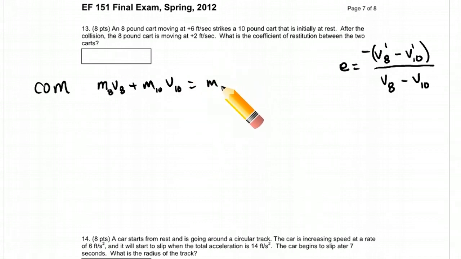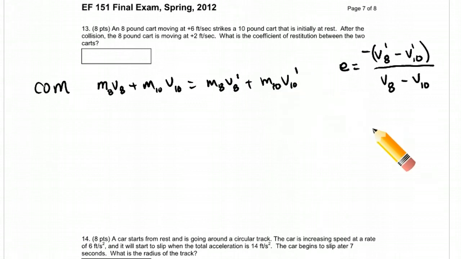That total is the same before and after. I'm using primes for the after. Alright, so there's our two equations. The values we don't know, I'll come back to that.